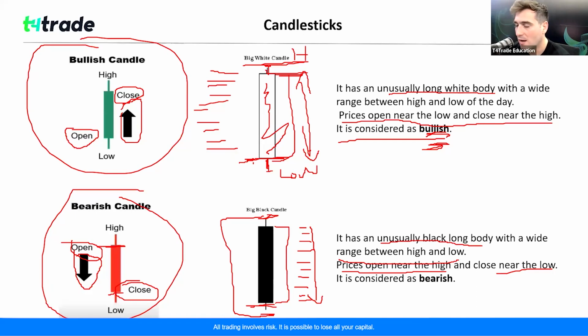So when you have big red candles, you have a bearish adjustment, a selling adjustment, a strong selling tendency of that specific instrument at that point in time, because it is overpriced.